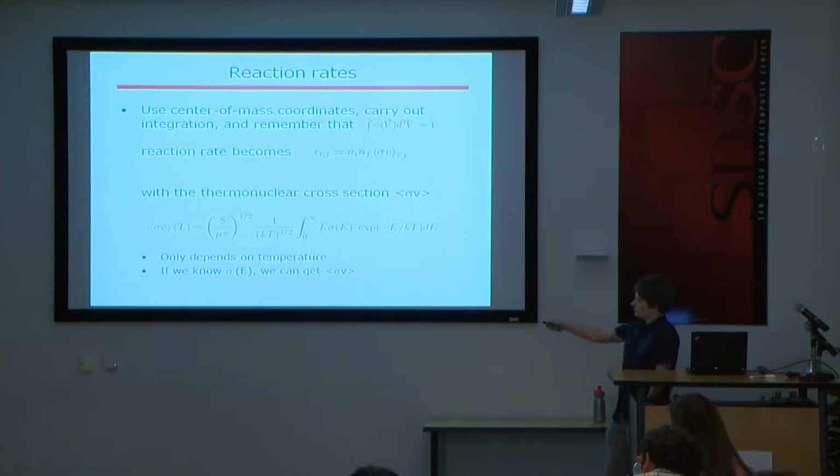It also means if we know sigma of E for all energies, we can get this thermonuclear reaction rate. The problem is in the lab, we measure this cross-section at a very specific energy or maybe at a few energies. So we have to do some extra work to be able to carry out this integral.